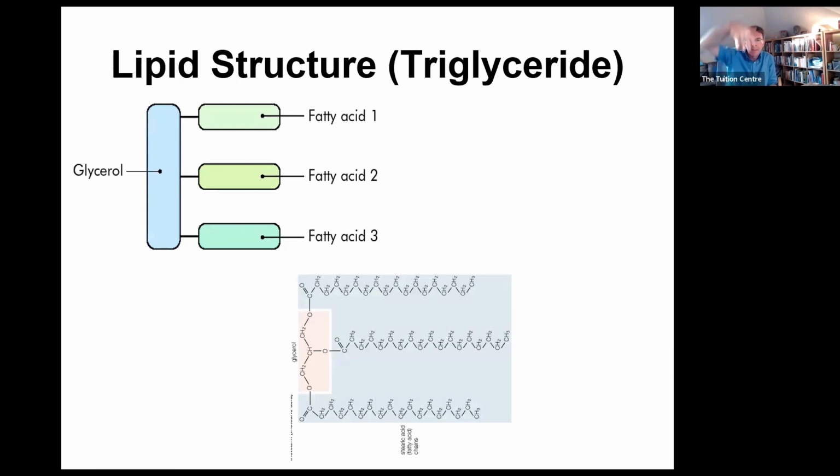You might have seen it dangling this way with the fatty acid chains going like this. So this is the fatty acid chains here. The glycerol is usually the head. It's usually drawn like this. I've deliberately not drawn it like that because they turn it. They can turn a diagram sideways and that throws people, and that happens all the time. One time in the exams, you might have seen this exam question.